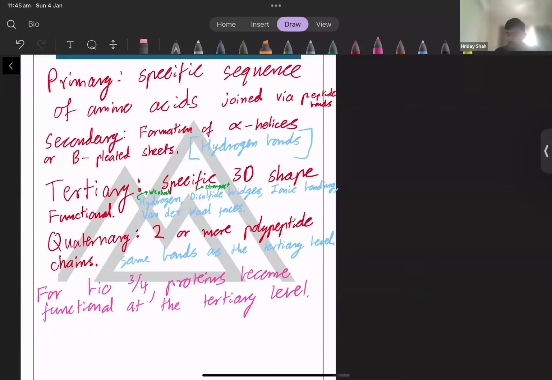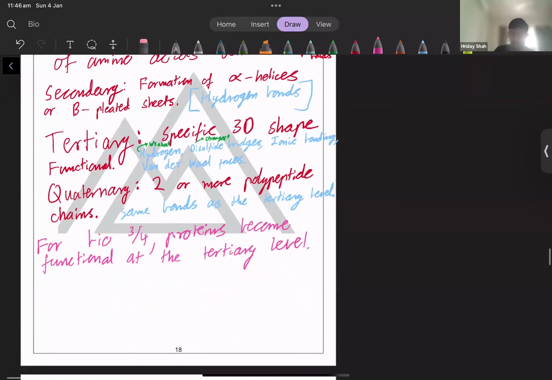They won't work. Technically, in real life, there are some proteins, especially the storage type, that work at the secondary level, but we kind of ignore them in bio 3,4, and we say it's at the tertiary level where functionality comes into play. However, not every protein becomes functional at the tertiary level. Some of them must progress to the quaternary level.